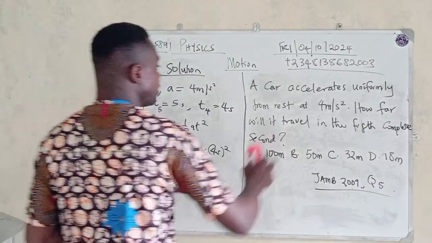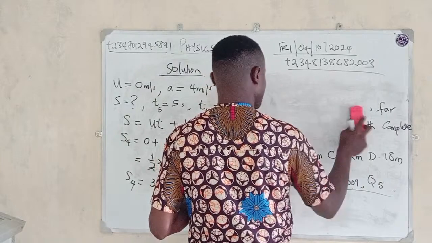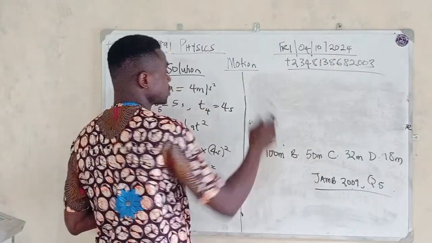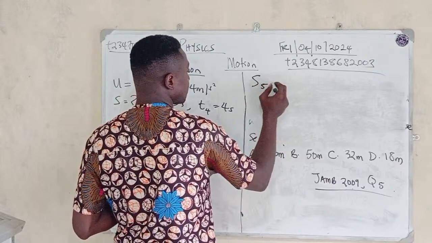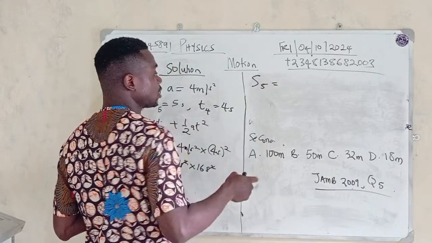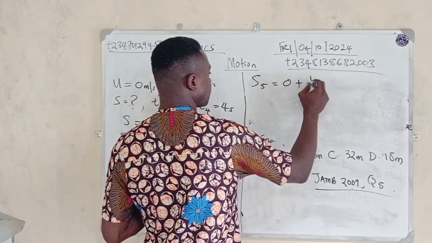Let me clean some part of this place. Now, let's take the distance in 5 seconds. So S5 is now equal to what? Of course, the initial velocity is 0, so we have 0 plus half.